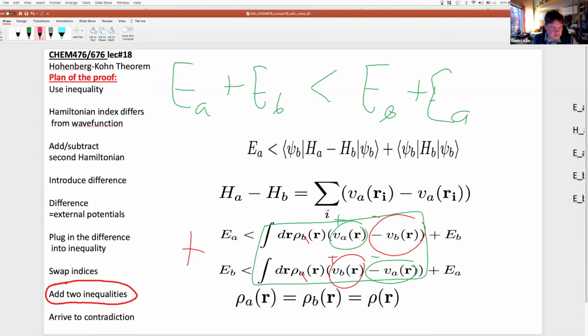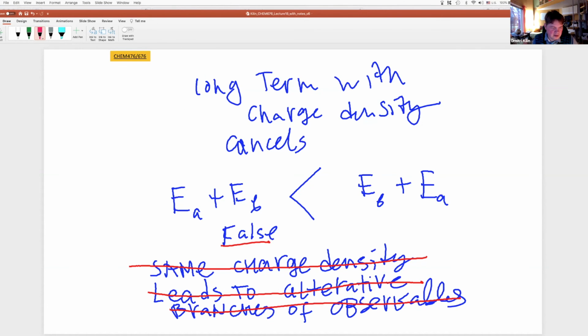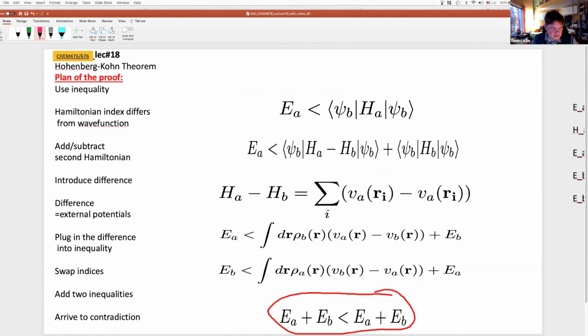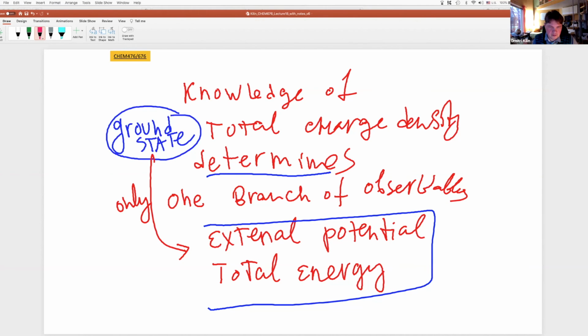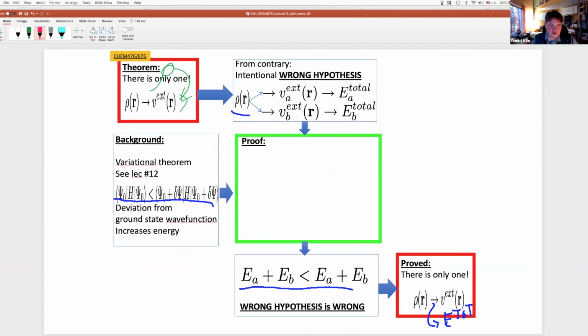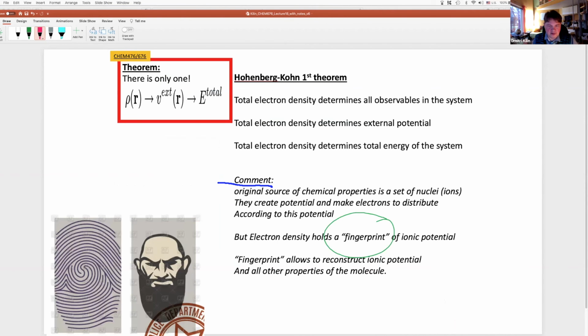Therefore, knowledge of total density for the ground state determines only one branch of observables: external potential, total energy. As soon as we know the fingerprint, we know who left this fingerprint, right?